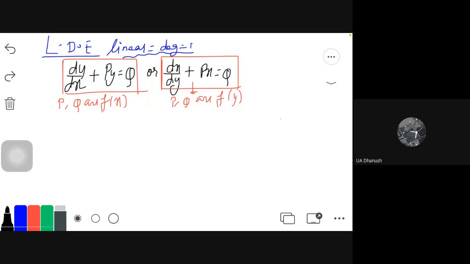The solution to the first kind of linear differential equation is given as, before going to that, we have something called the integrating factor, IF.